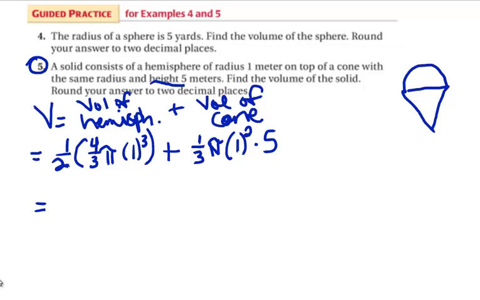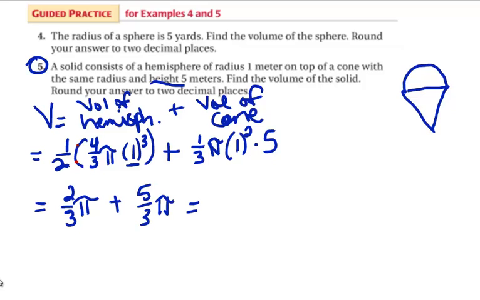So, the first part here, again, like the last slide, I'm going to have 1 times 4 over 2 times 3. 4 over 6 is 2/3 pi, because this 1 cubed is just 1 still, plus 1 squared is still 1, times 5, which is going to give me 5/3 pi.